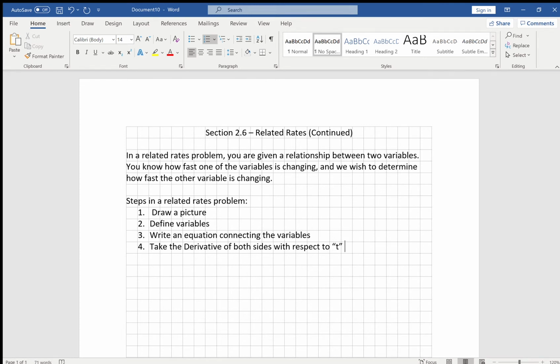We abbreviate this TD. In a related rates problem, it's always with respect to time. Then we plug in what we know and solve for what we don't know. And lastly, write some sort of concluding statement.